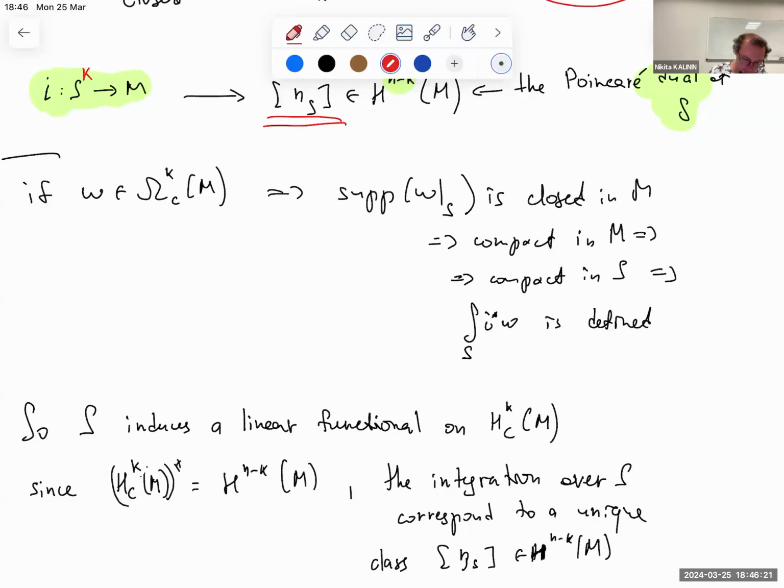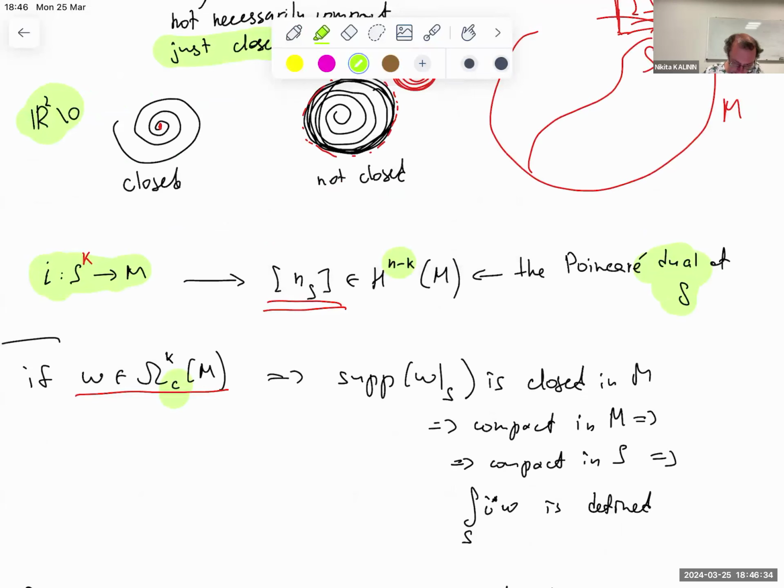If you have a form omega with compact support in M, then you can integrate it over S. So how does it look? Somewhere here you have this form omega, and it lives here, the support of omega. First of all, we restrict it to S. And then this support is closed because you intersected two closed sets, right?